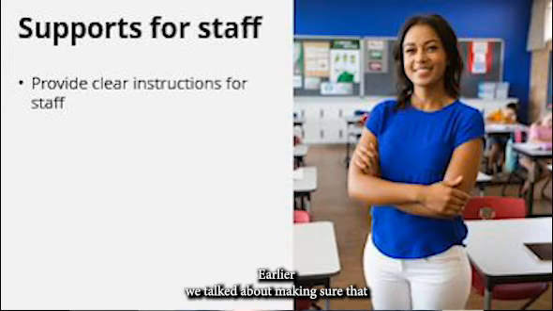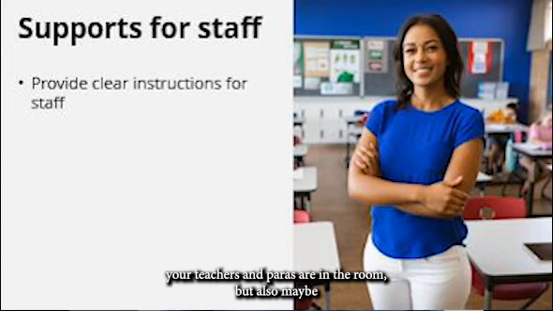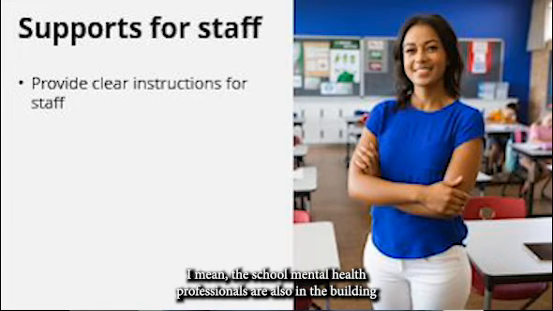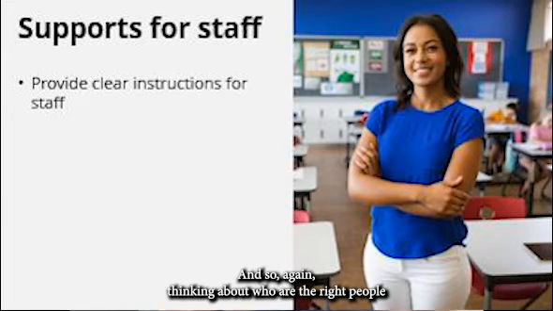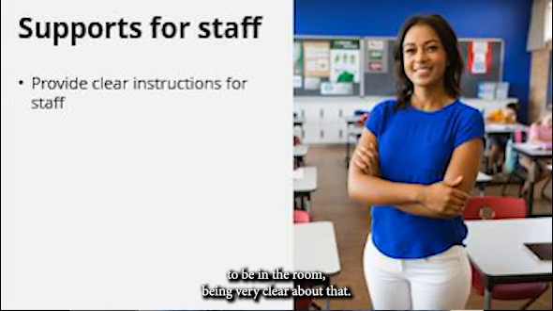Earlier we talked about making sure that teachers and paras are in the room, but also maybe the school mental health professionals, or some cultural liaisons and others. So again, think about who are the right people to be in the room and be very clear about that.